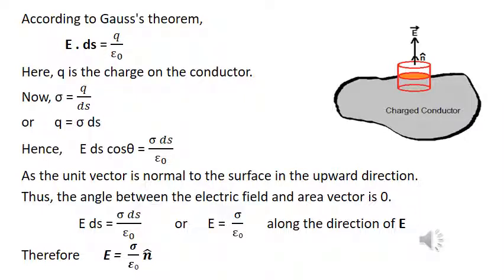E dS cos theta is equal to sigma dS upon epsilon naught. As the unit vector is normal to the surface in the upward direction, the angle between the electric field and the area vector is 0, and we can write cos theta is equal to 1.